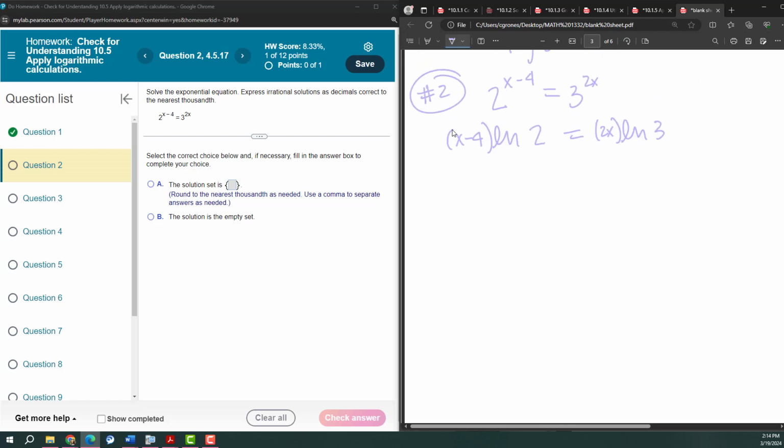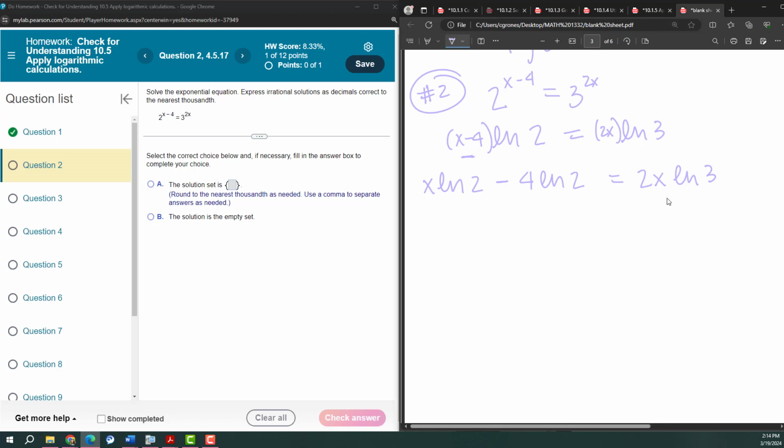Okay, I can simplify this one, so I can do x times ln of 2 minus 4 times ln of 2 equals 2x times ln of 3.